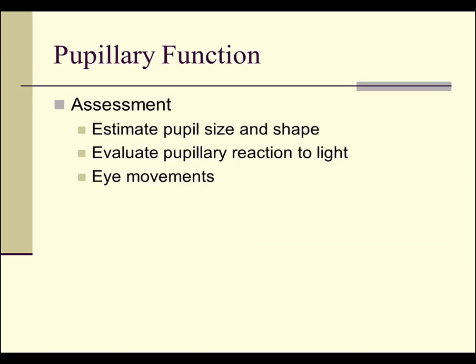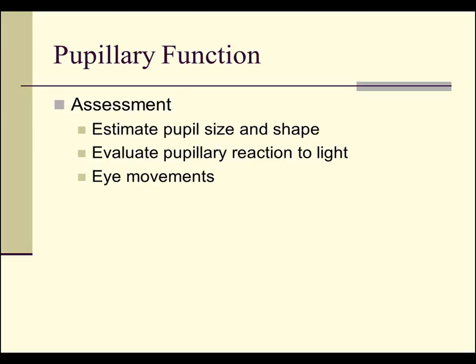And then the pupillary function, we want to assess the eyes, and this is your PERLA. This is where we estimate the pupil size and shape. We evaluate their reaction to light and their eye movements. Pupil constriction is a function of cranial nerve 3. Pupils should be equal in size. They should be round and regular in shape and react to light and accommodation.